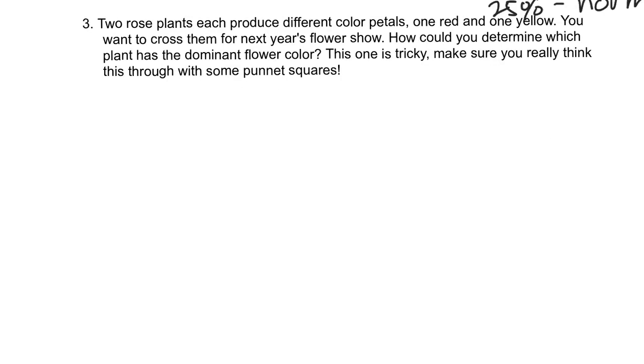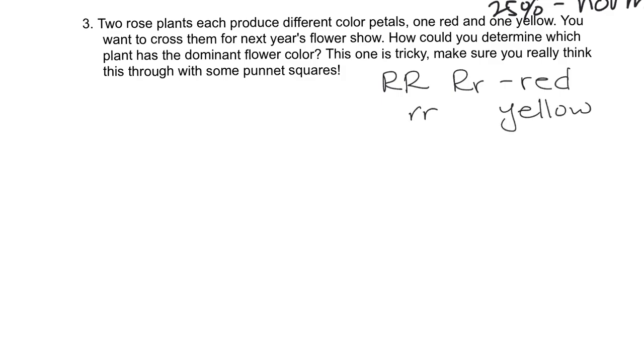So this one's a little trickier. It seems kind of easy, but there are some options here that could happen. All right, so the first thing you want to do is cross a red flowered plant with a yellow flowered plant. So let's use the letter R, and let's assume that red is dominant. Then these would be red, and little r would be yellow.